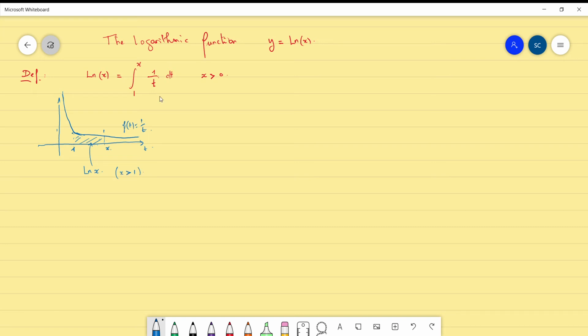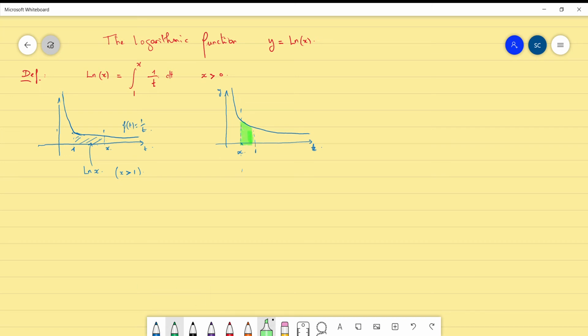Okay, if you want x less than 1, still it will be an area. Consider always the same graph. So there is 1, and now if I choose my x here, somewhere here, then I will have this quantity. Let's color it here.